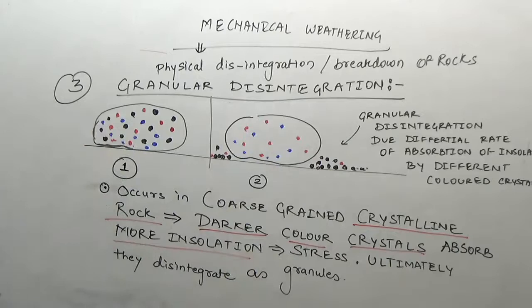While the lighter color crystals will absorb less amount of insolation or sunlight, as a result there will be different type of expansion in the same rock. As a result, stress will be set up in the rock. Ultimately, the darker color crystals will fall out, resulting into the granular disintegration of the rocks.